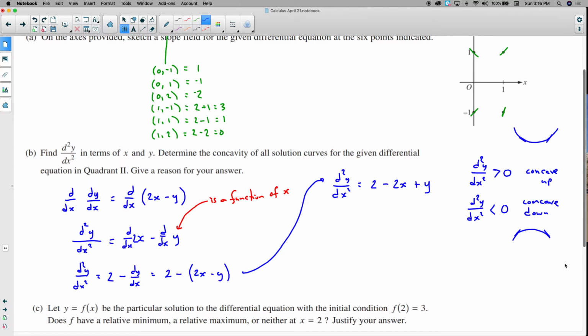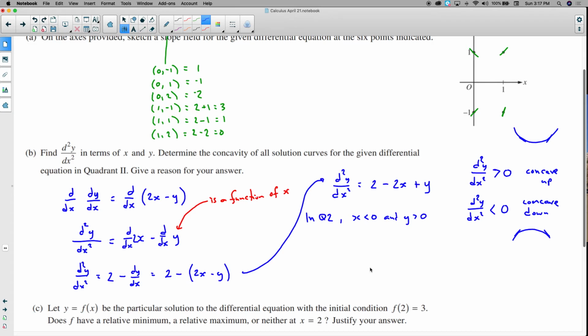All right. So we're interested in whether or not this value is positive, and then we'll know we're concave up, or negative. But we're not interested in one particular point. We're interested in everything that's over there in quadrant number 2. So I would remind you, in quadrant number 2, x is negative, because you go left, and y is positive, because you go up.